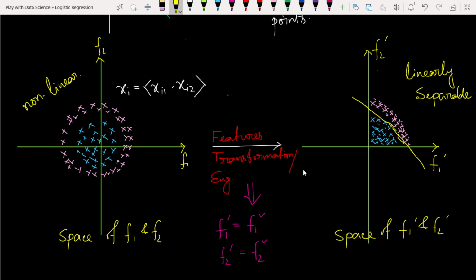Now you can ask a question: sir, how do you choose these transformations? Why are we deciding this transformation is suitable only for this space?